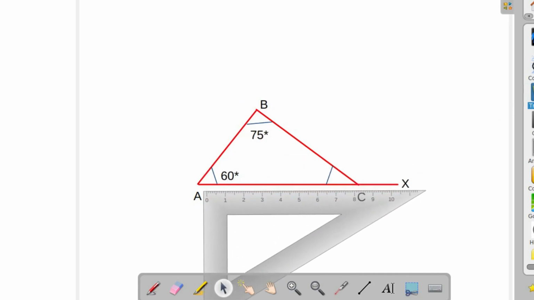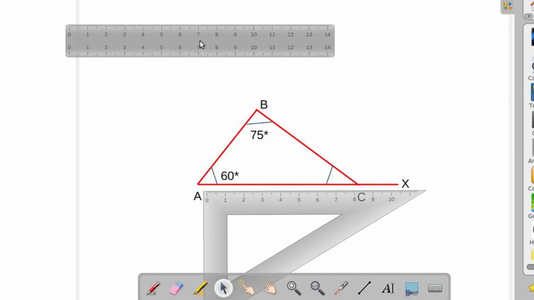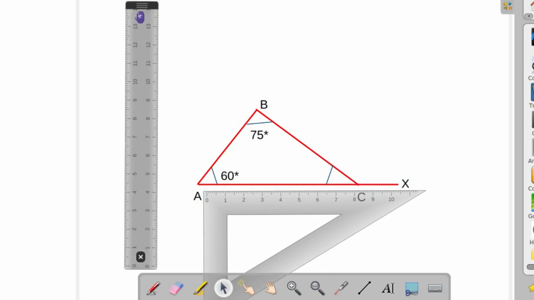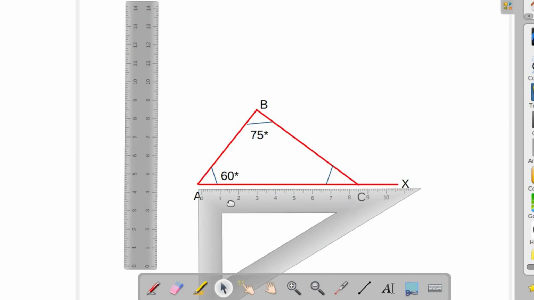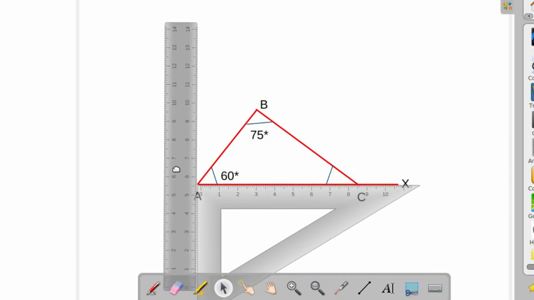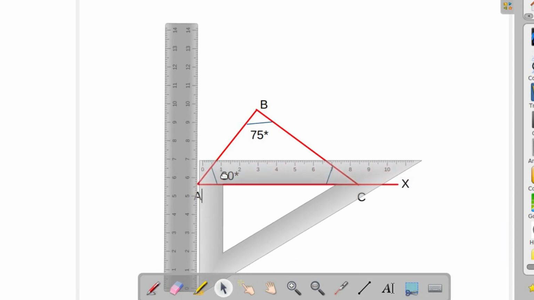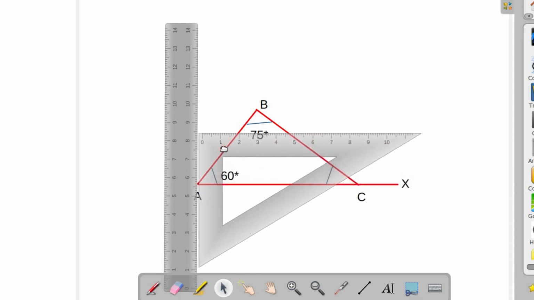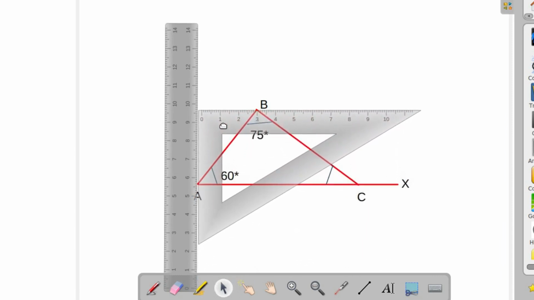Another one, I take this scale, then thereafter take the scale like this. Then what you have to do is slowly move this set square like this and draw.